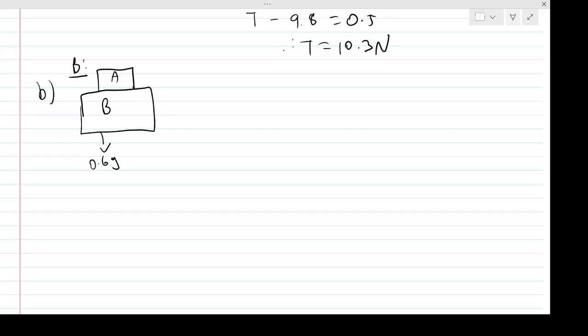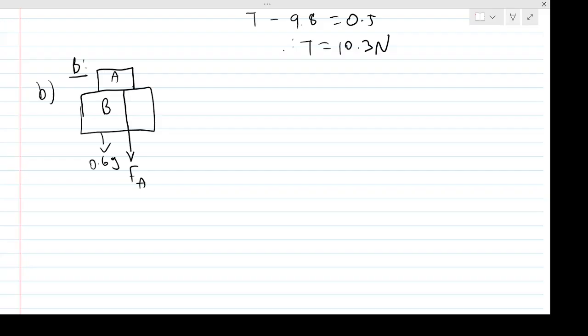I don't know what that force is, but it's going to create a force onto B. And I'm going to call that force F of A. Okay? So this force F_A is the force created by A onto B because A is in contact with B. That's not necessarily going to be its weight, okay?